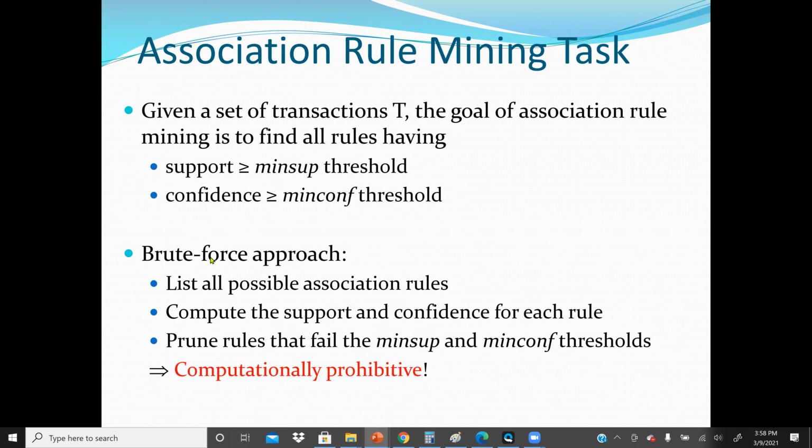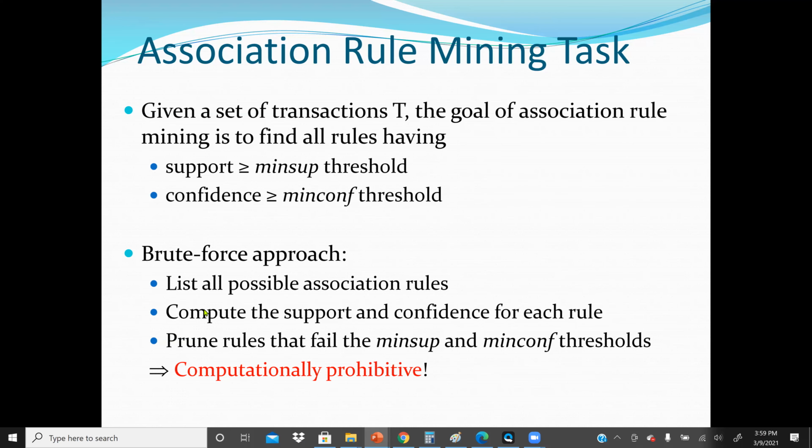So for the brute force approach, we need to list all the possible association rules, then compute the support and confidence for each rule, then prune rules that fail the minimal support and minimal confidence thresholds. The rules that don't meet the minimal support or minimal confidence, we remove.